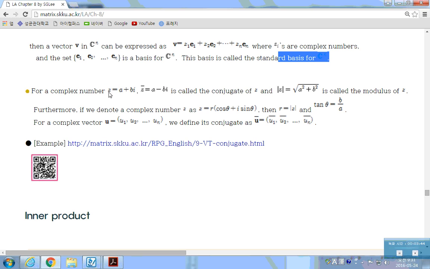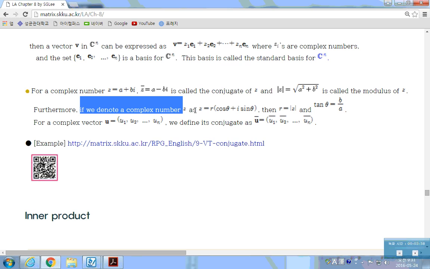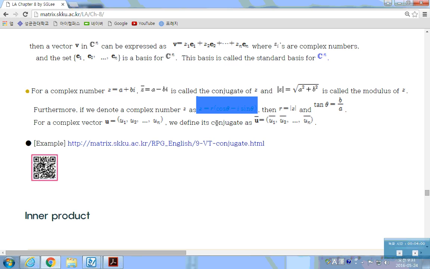For a complex number g, the complex conjugate can be written in this way, and the length of g can be found in this way. This is called the modulus of g. If you denote the complex number g as this, g can be written as a point in R2, in the plane. Then that point can be written with this r and theta, a polar coordinate.